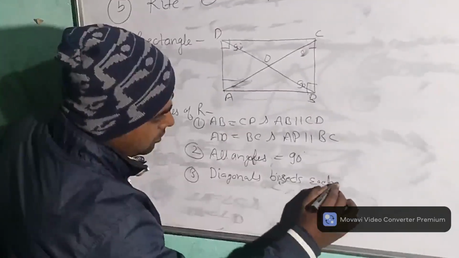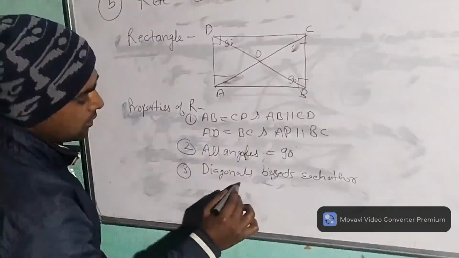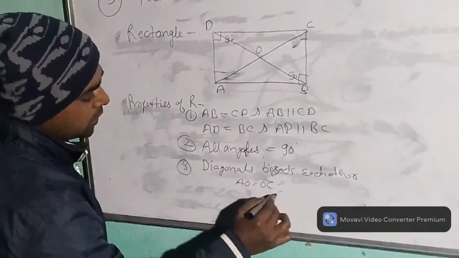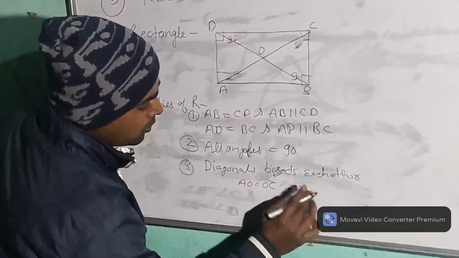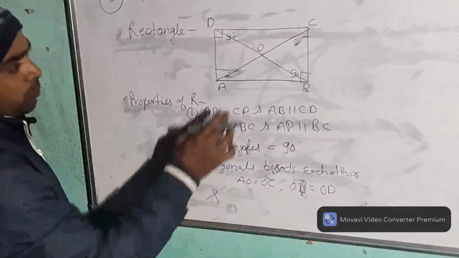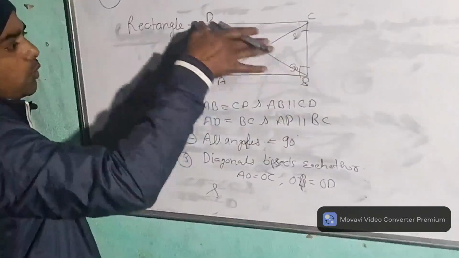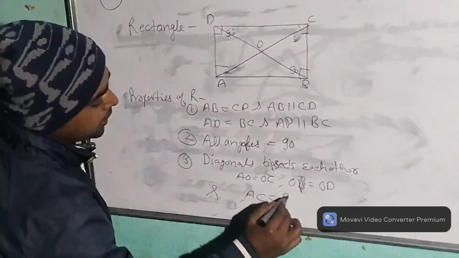It means AO is equal to OC, and OB is equal to OD, and both diagonals AC and BD are also equal. AC is equal to BD.